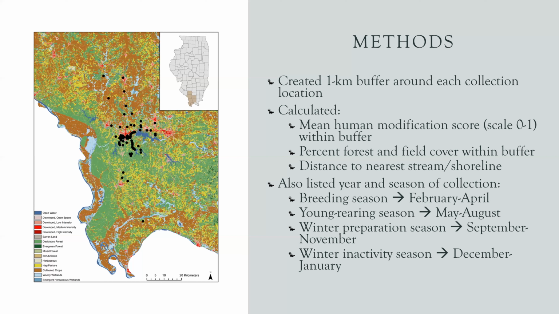And then I calculated the distance to the nearest stream or shoreline from that collection location. I listed the year of the collection, and then I also listed a season of collection. And the seasons were based off of striped skunk activity patterns. So you can see down here, breeding season, young rearing season, winter preparation season, and then winter inactivity season.